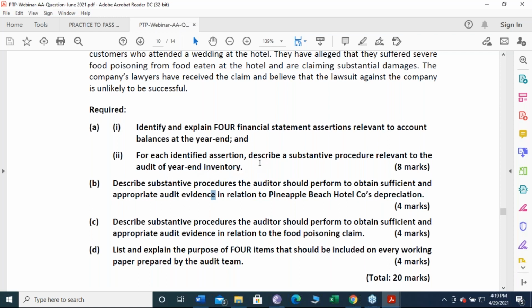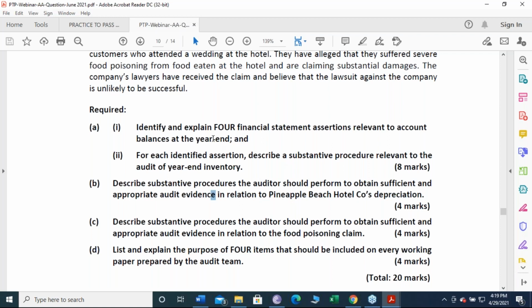In order to verify completeness, you can select a sample of inventory available at the warehouse or at the store, physically present, and then you can reconcile it with the inventory record, the other way around of the existence. In order to verify the valuation, you can get the breakdown of the inventory and cast it in order to ensure the arithmetical accuracy.